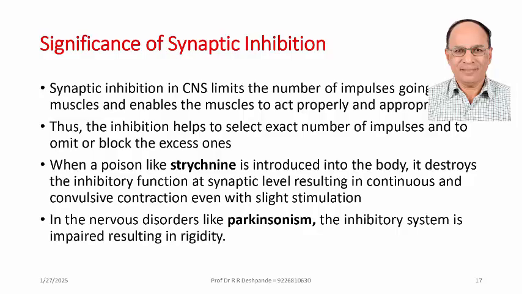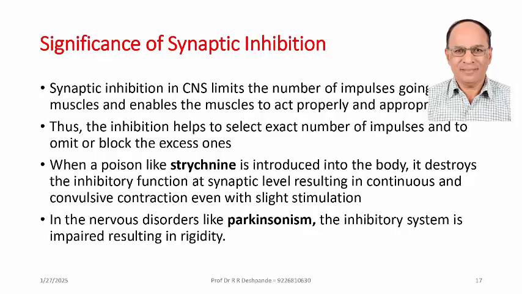So, this was our yesterday's talk, and now, here is the word synaptic inhibition in CNS limit the number of impulses. Impulse means current. Impulse means wave. Impulse means action potential. All these words should be remembered.